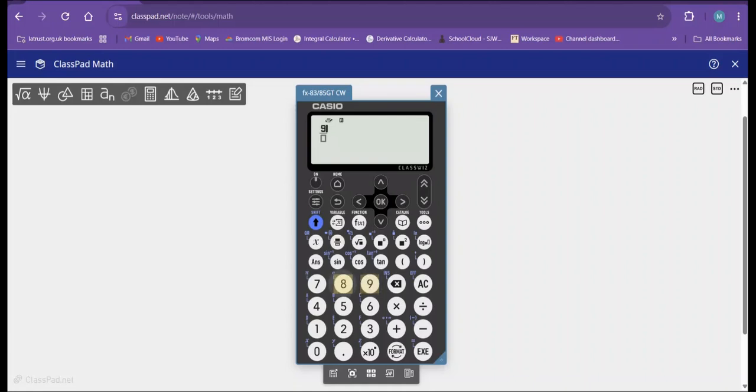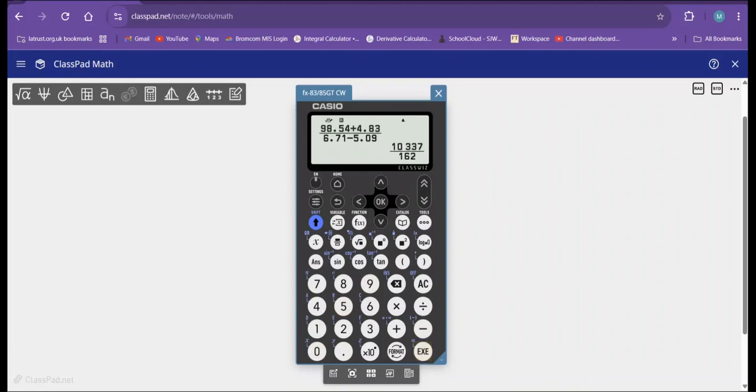So I have 98.54. That is add 4.83. Press my down arrow to get to the denominator. And I have 6.71. And that is subtract 5.09. Check that's all okay.